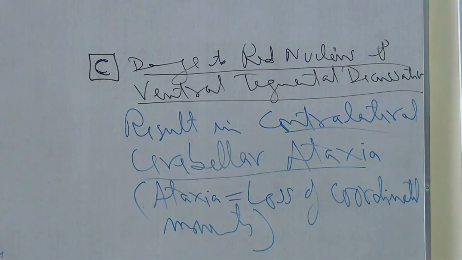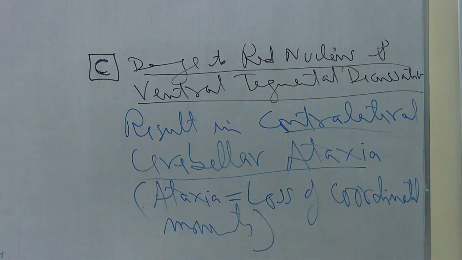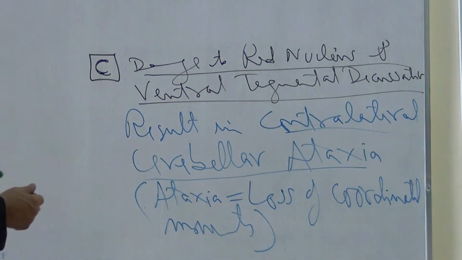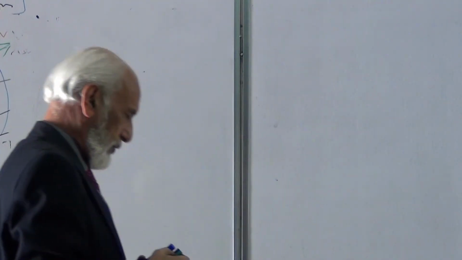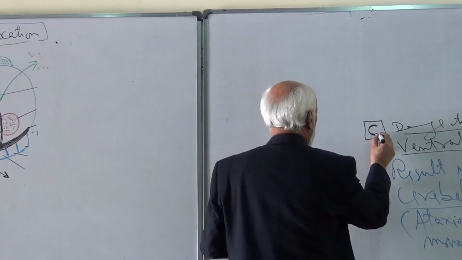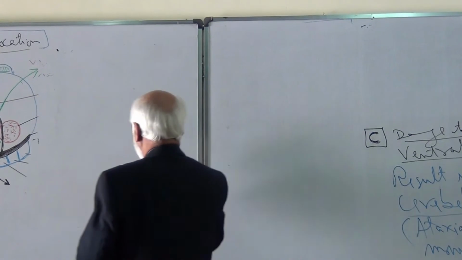So the result of damage to the red nucleus and ventral tegmental decussation is contralateral cerebellar ataxia. The incoordinated movements of the body are known as ataxia. Now first of all, what are the functions of the red nucleus?